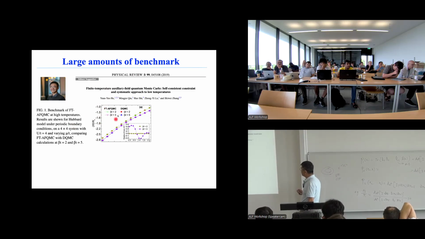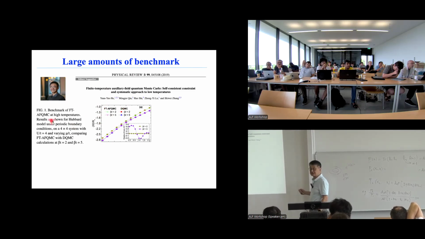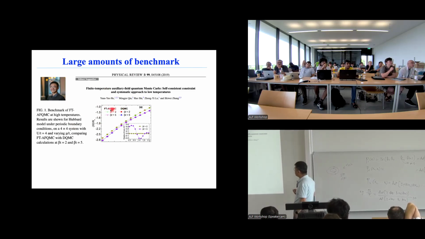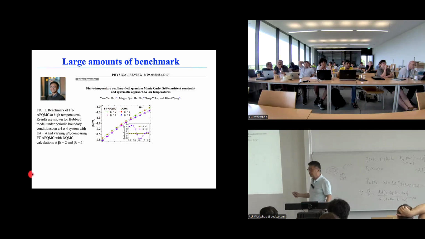It shows a comparison with DQMC or BSS at 2. This is the doped Hubbard model at temperatures of 2 and 5, where you could still do the BSS algorithm. What this is showing is energy versus, I think, chemical potential on the horizontal axis.